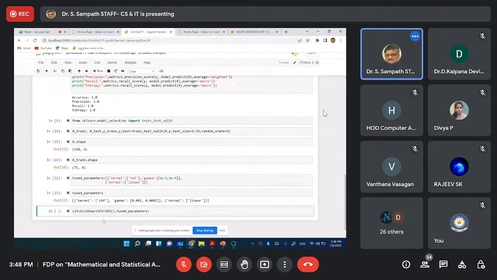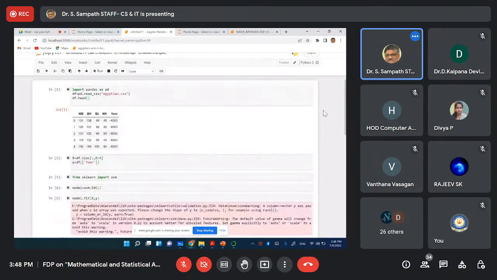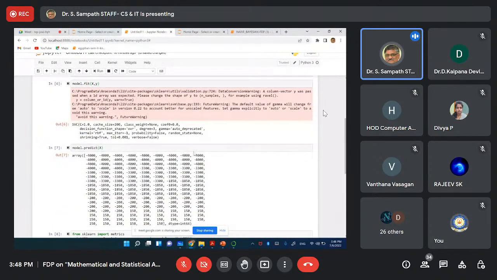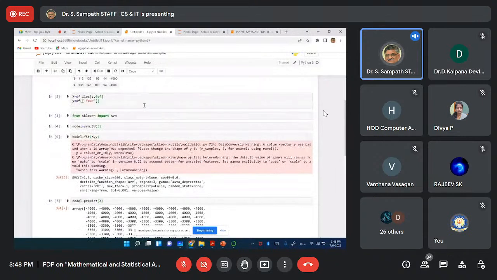I think I included this particular library there. Let me include it here itself. For grid search, I have to include one more library. Understood?